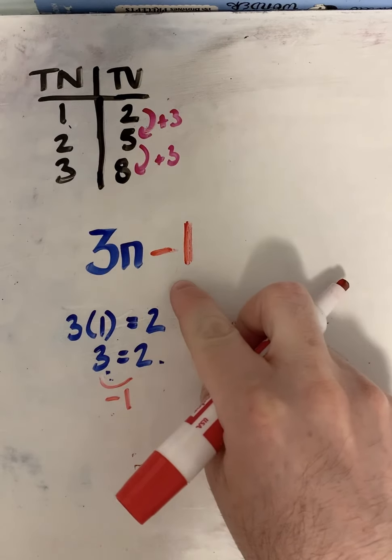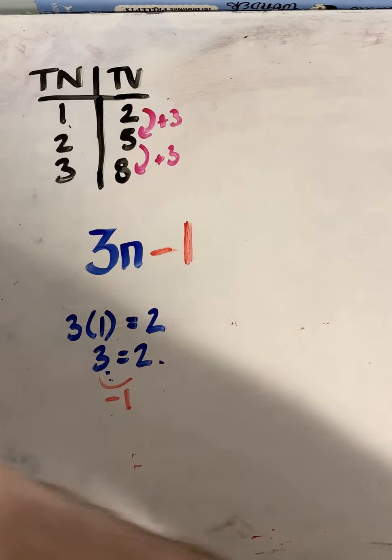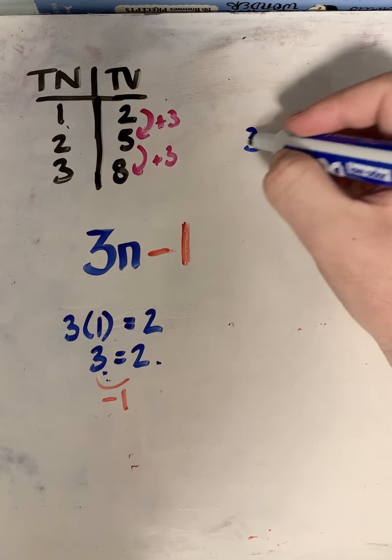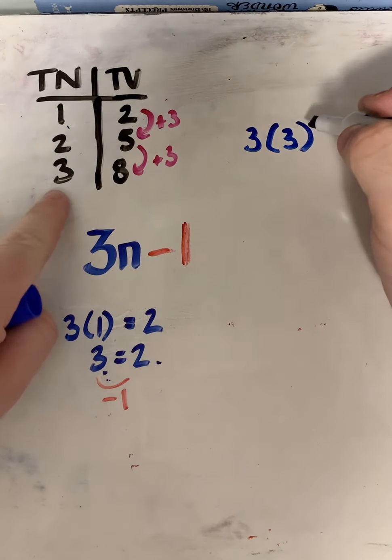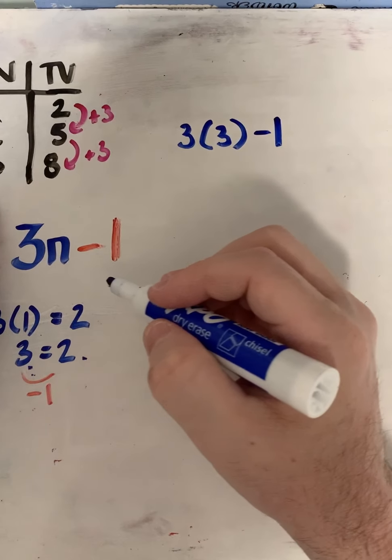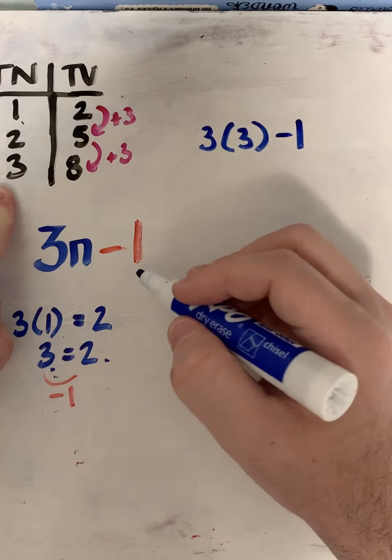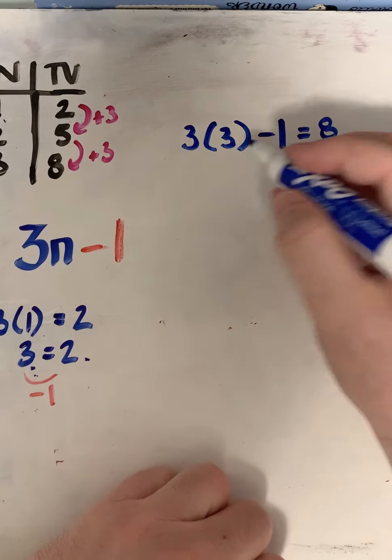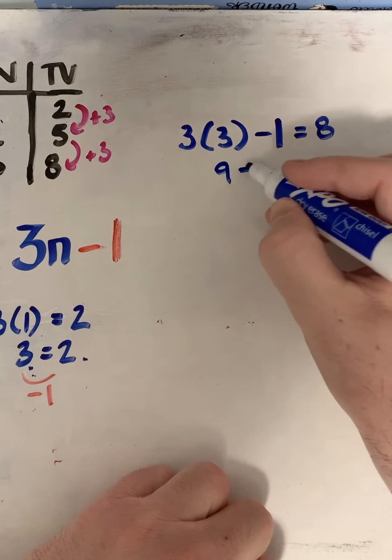So I feel pretty confident now with this term rule. Let's try it out with the third number. I'm going to take 3 times 3 minus 1. I can't forget this constant, otherwise the pattern rule doesn't make sense. It should equal 8. Let's try it out. 3 times 3 is 9.